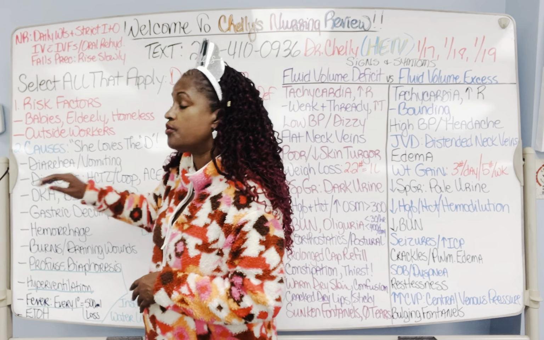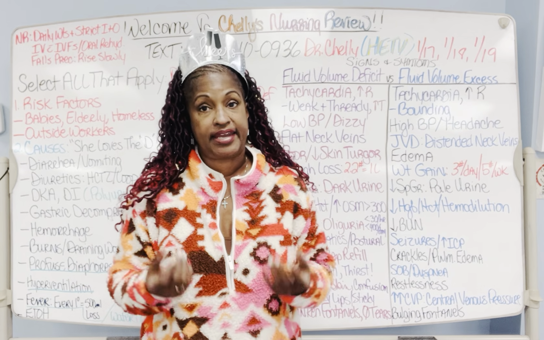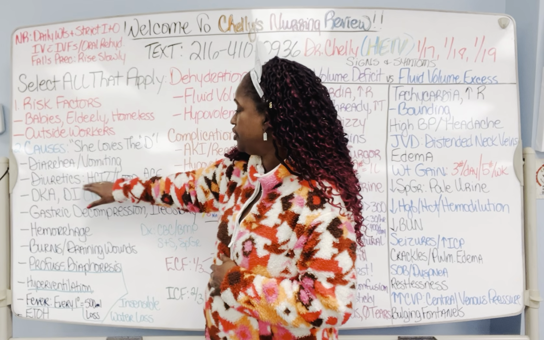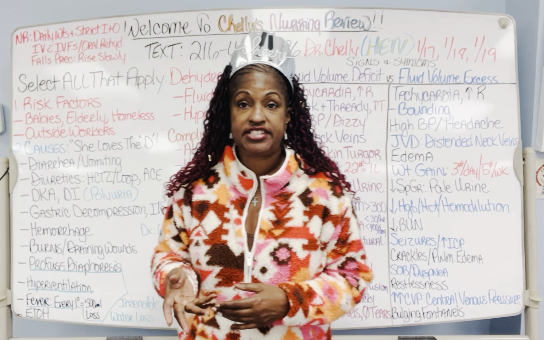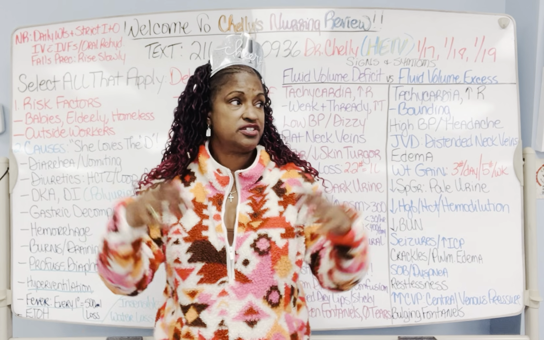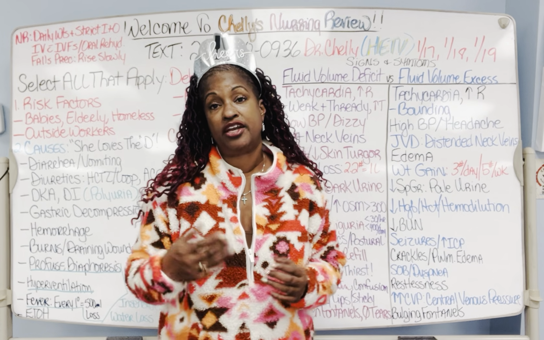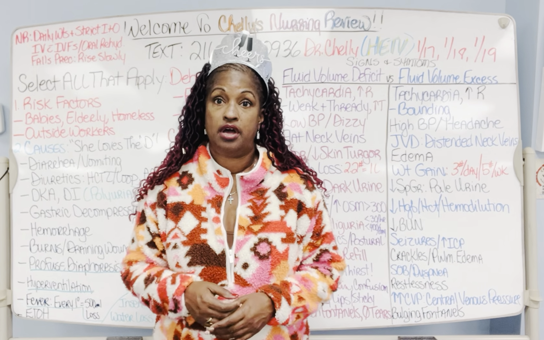Okay, diuretics. This is a big one because so many patients are on these medications, especially hydrochlorothiazide, which we usually say HCTZ. Remember, HCTZ is the first line drug of choice for hypertension. So there's a lot of people on these medications. You already know that loop diuretics will cause you to pee every 20 minutes for a few hours.